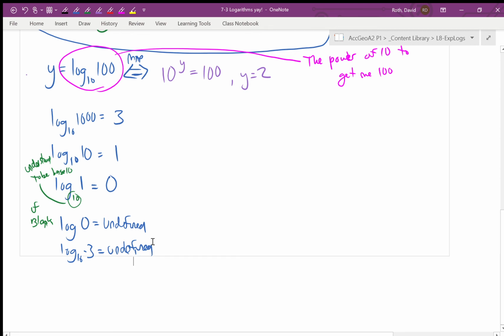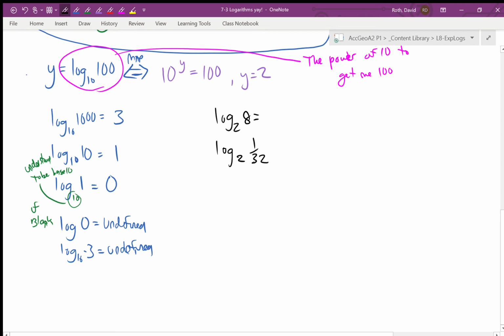We're at 15 minutes now. I'm going to break this in two. I'll write out a few more problems and see if you can do them, and then play the other video if you want to keep going on this. Log base 2 of 8, what does that equal? Log base 2 of 1 over 32.